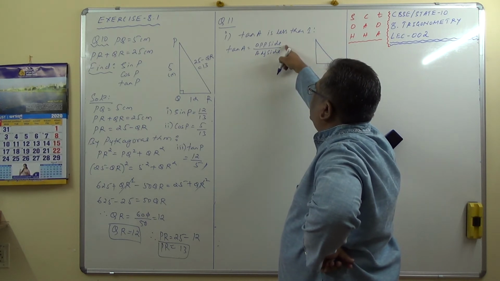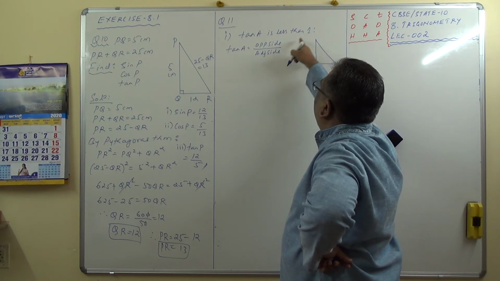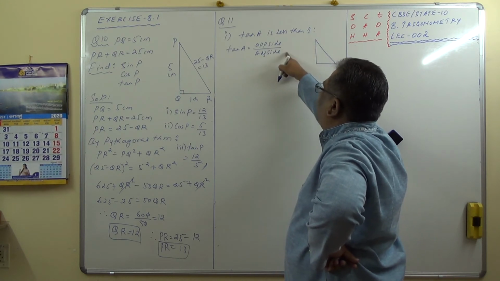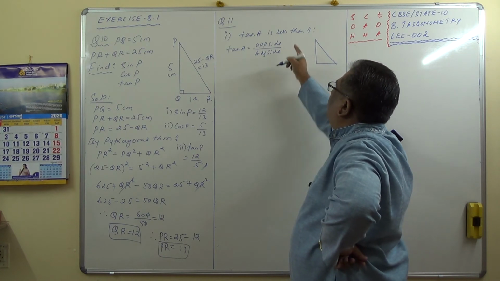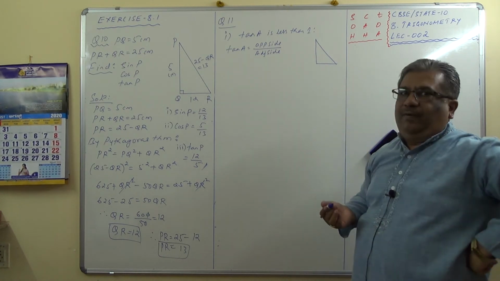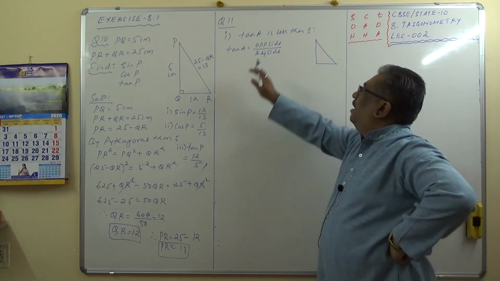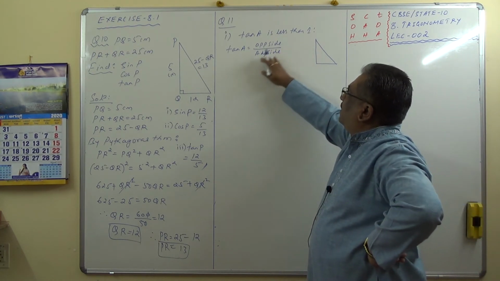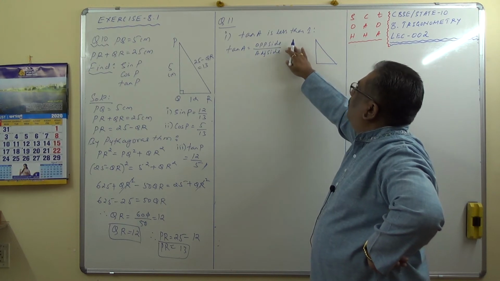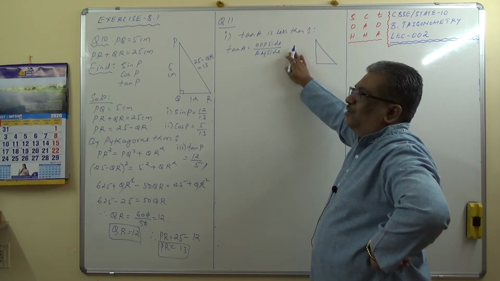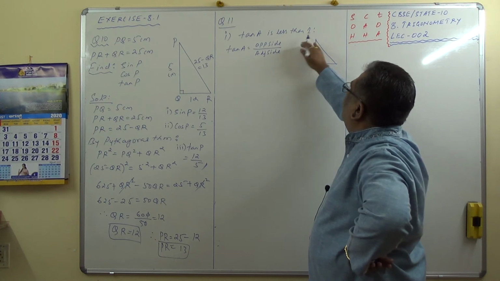If opposite side is less than adjacent side, then tan A is less than 1, and therefore it is not true that it is always less than 1. So what will be your answer? As tan is the ratio of opposite side and adjacent side, it can be greater than 1 or less than 1 also. So always it is not less than 1, therefore false.